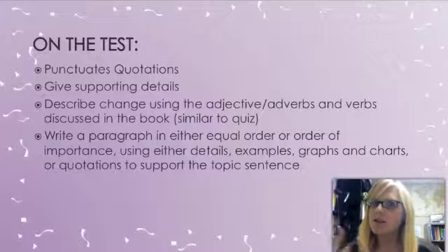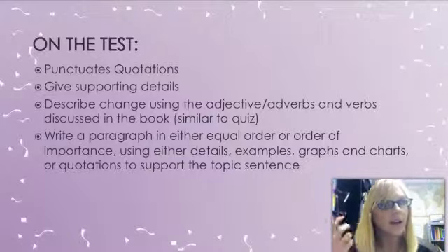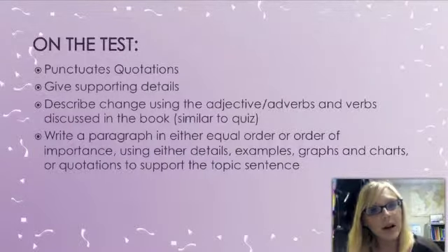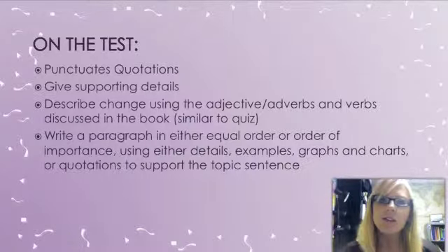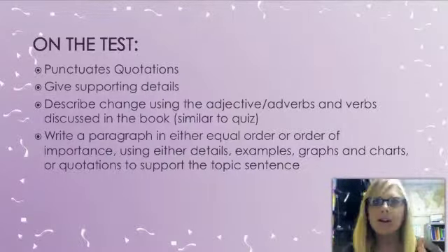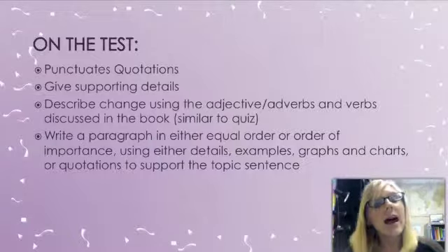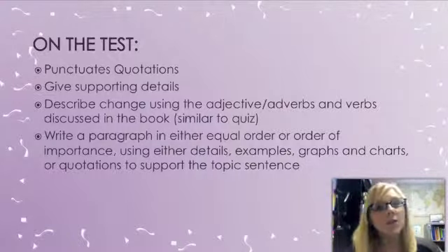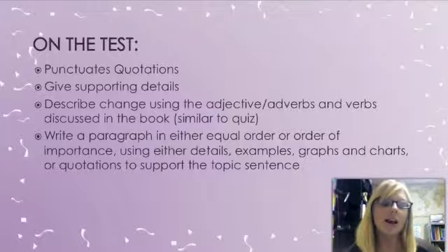You will be asked to use either details, examples, a graph or chart, or a quote to support your topic sentence. So it will be similar to the activities that we're doing in class. You just don't know which activity I'm going to ask you to do. Also, as per normal, I will give you 2 options on the test. Make sure you circle the option that you are answering so that I know what kind of answer to expect from you.